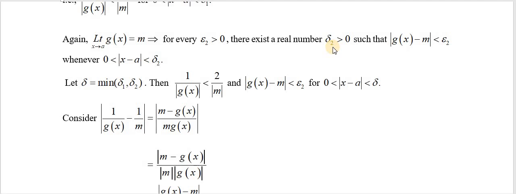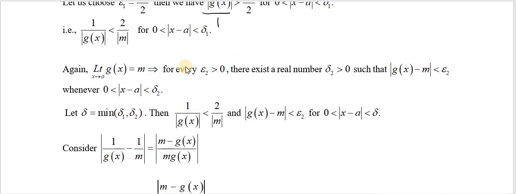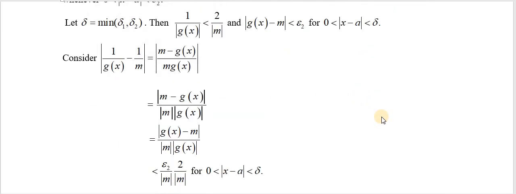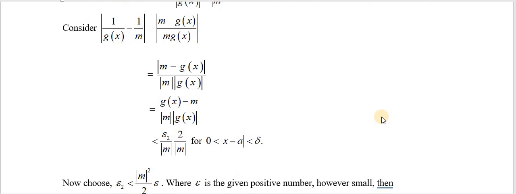Take delta as minimum of delta 1 and delta 2, then this one can be written as is, and this one also as is, but instead of writing delta 1 and delta 2, we are writing delta. Now consider modulus of 1 by g of x minus m. Now we want to show that this one is less than epsilon.